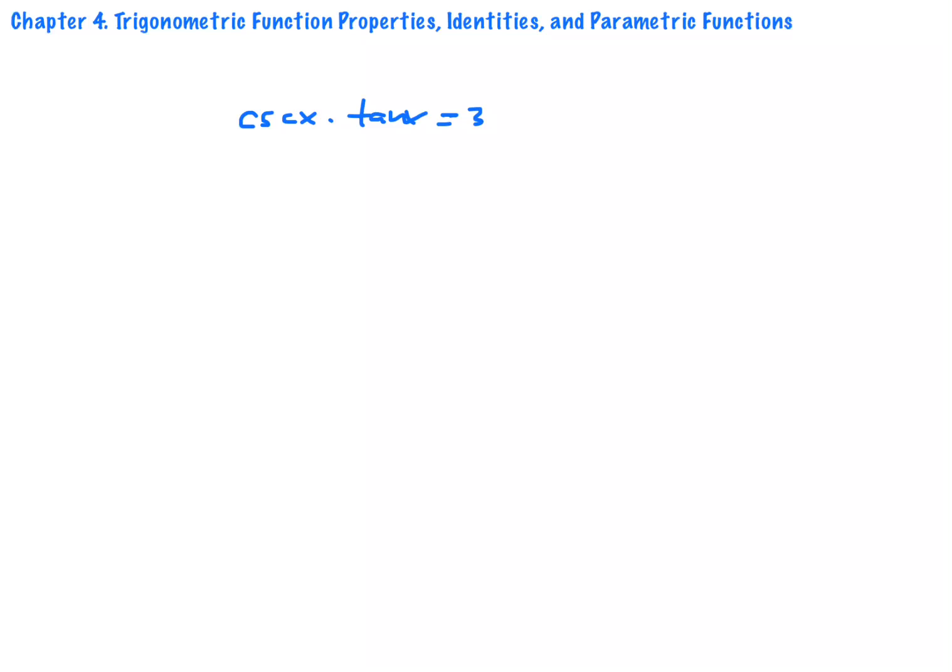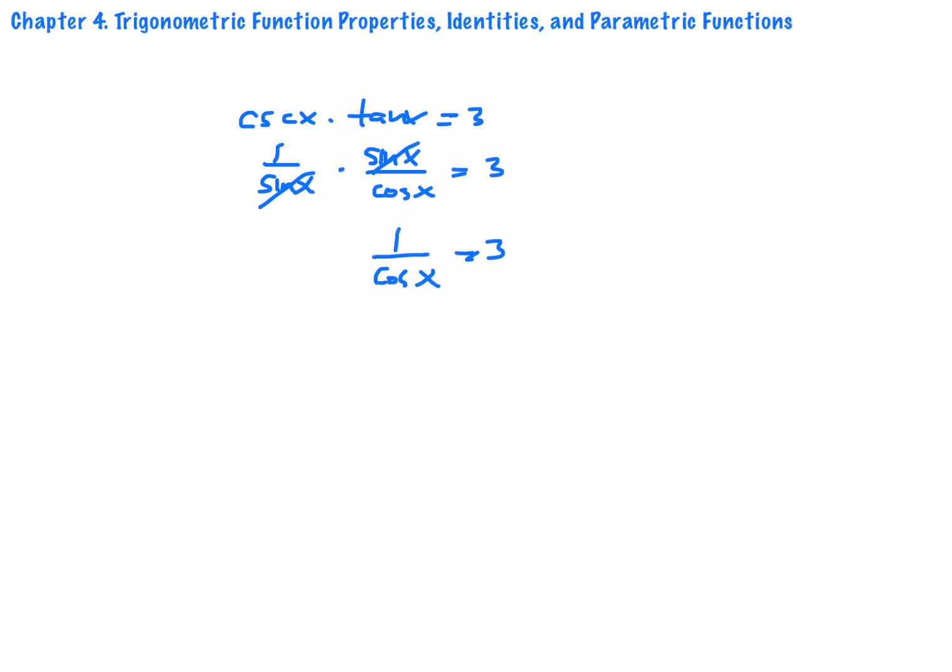But in this chapter, we learned that cosecant x actually is 1 over sine x, and then tangent x is actually, by the quotient properties, sine x over cos x, equal to 3. So this will be 1 over cos x equal to 3.